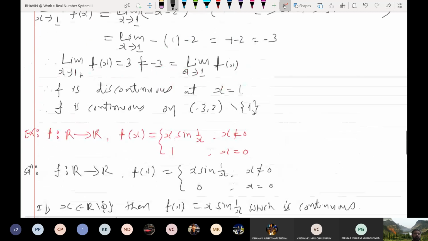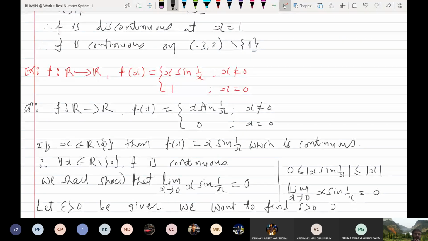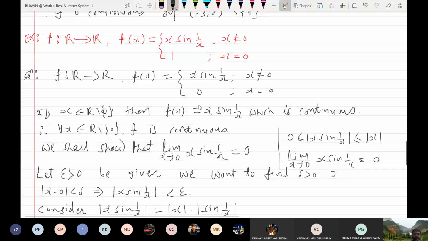Here, if you redefine function f at 0, if you take 0 in place of 1, then f becomes continuous. So I can remove this type of discontinuity by redefining the function. Therefore this discontinuity is known as removable discontinuity.